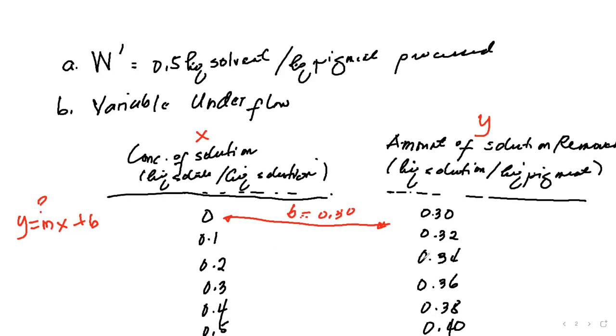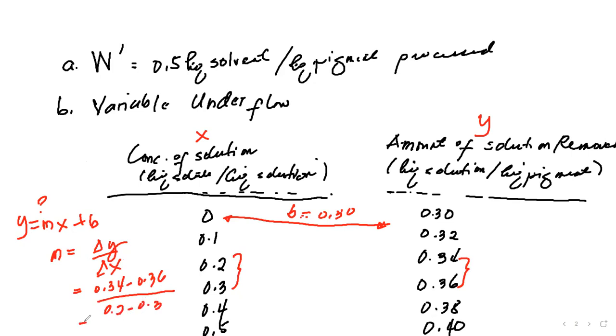You can choose any of the pairings here, at the beginning or at the end. It doesn't matter, it would be the same slope. Slope is delta y over delta x. Using the data that I have chosen, the answer is 0.2, or 1/5.